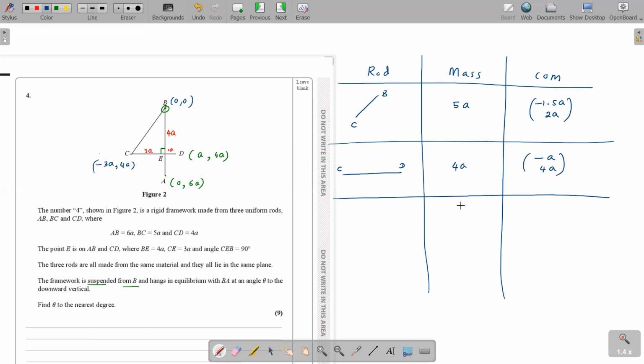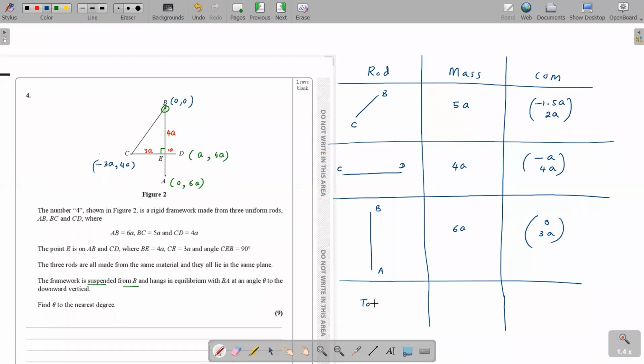The next rod is BA. BA is 6a, right? The length is 6a. For the center of mass coordinate, add and divide by 2. 0 plus 0 divided by 2 is 0. 0 plus 6a, add and divide by 2, is 3a.